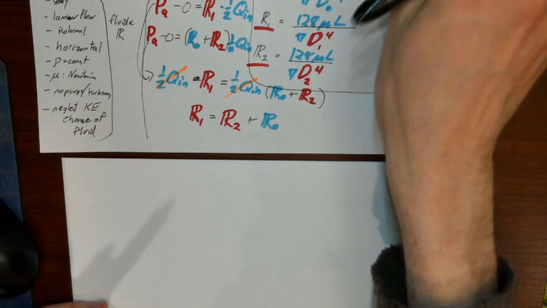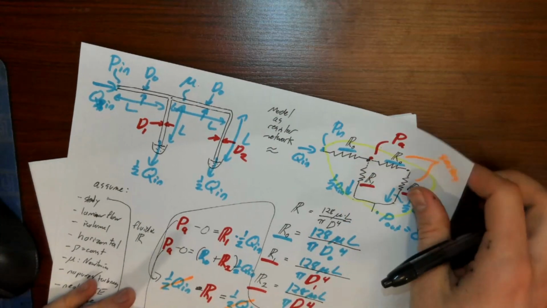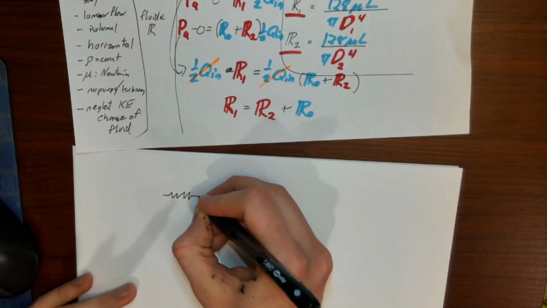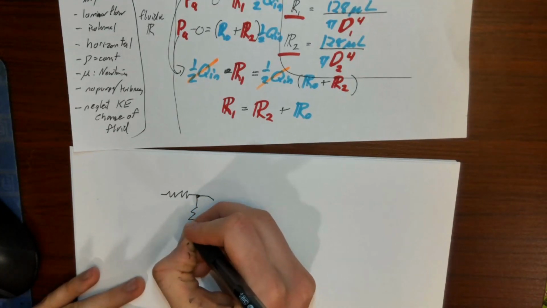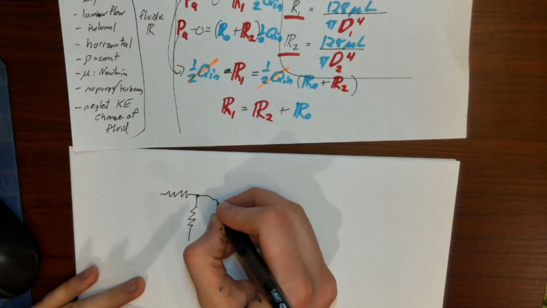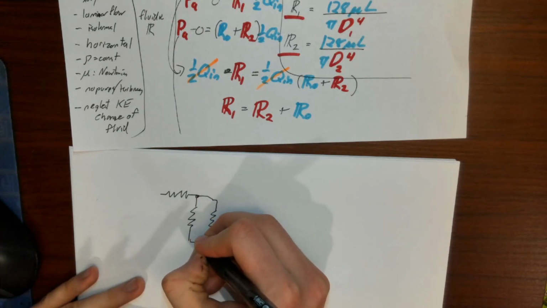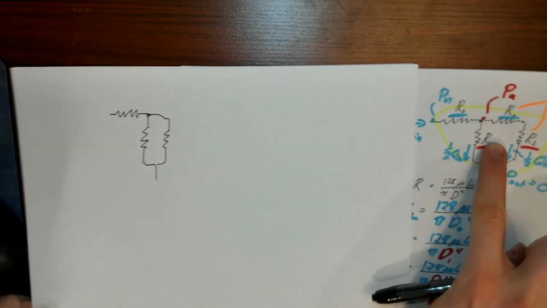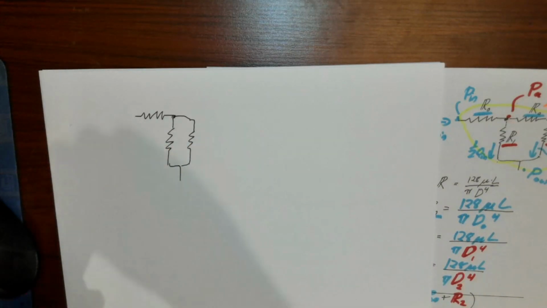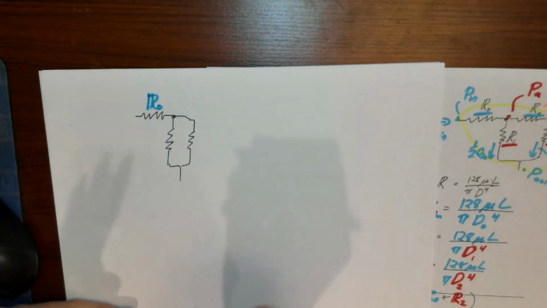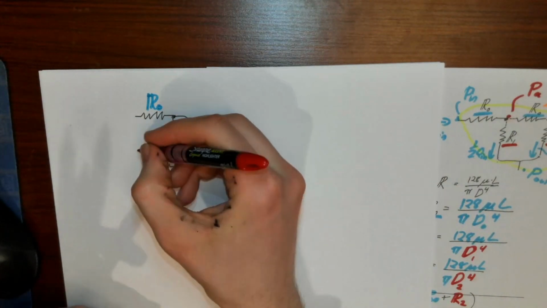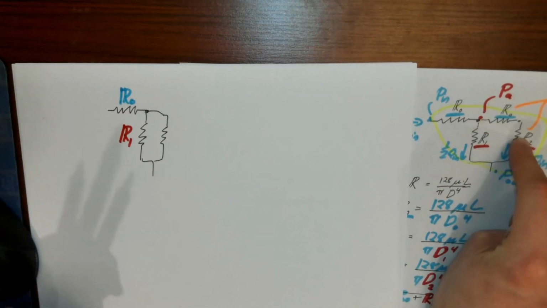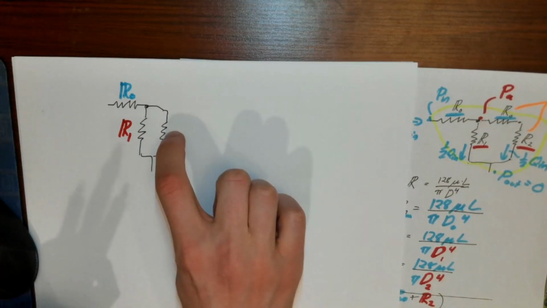So this whole network that we had here is equivalent to this network right here, where we still have R0 right here, we still have R1 right here, but we took these two and combined them in series and replaced them with some equivalent resistance right here.